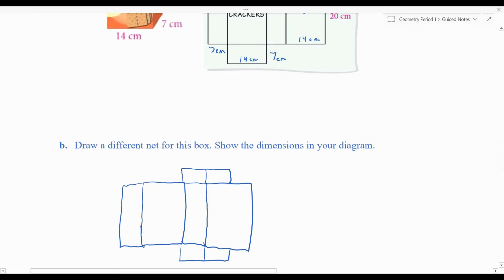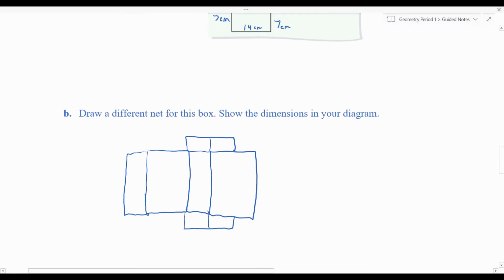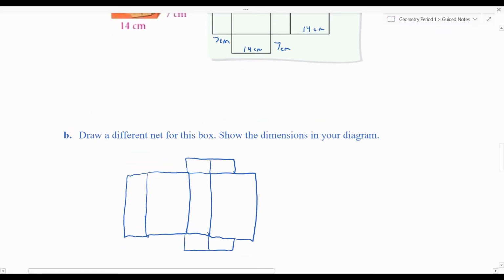All right. So this is going to be 7, 7, 7 over here. This is still 14, and these are centimeters, by the way. I'm just not writing my centimeter units right here. Centimeters, centimeters, centimeters.